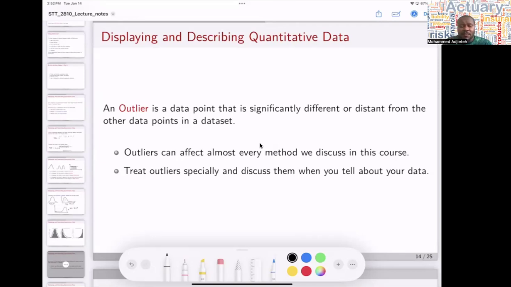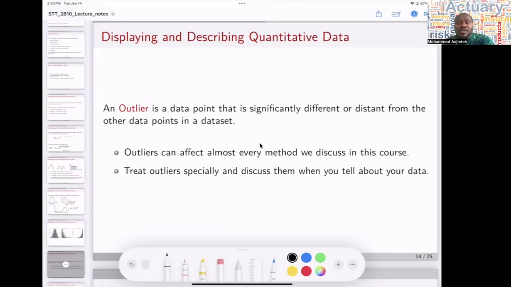Another example is the annual income of people in this area. Let's assume that Elon Musk lives in this area. You could see his annual income, because he's a billionaire, is way, way, way higher than the rest of the people in this area.